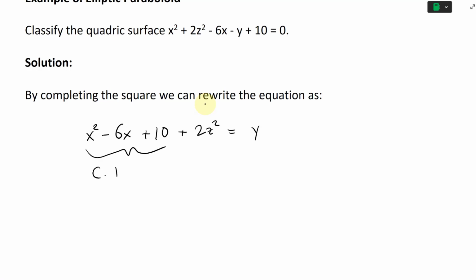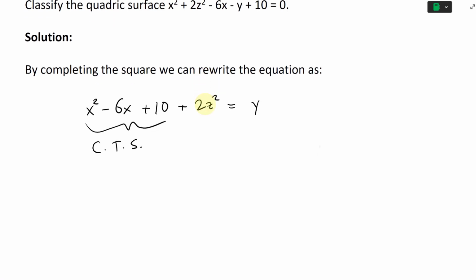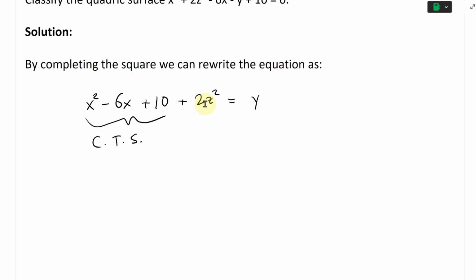I'll put CTS for completing the square. And recall from earlier, this just means we want to get it in the form (x minus a) squared. If you expand this out, you get (x minus a) times (x minus a).